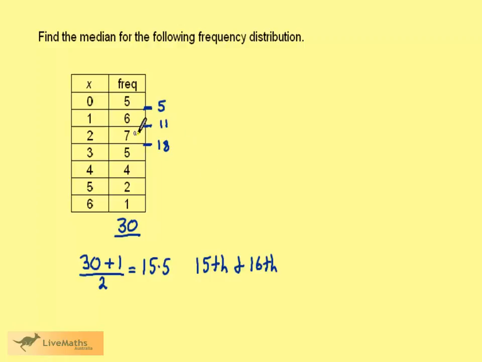We were after the 15th and 16th, and both of them must be twos. Therefore, the median is going to be 2 plus 2, add up the 15th and 16th pieces of data, and divide by 2. So the median is 2.